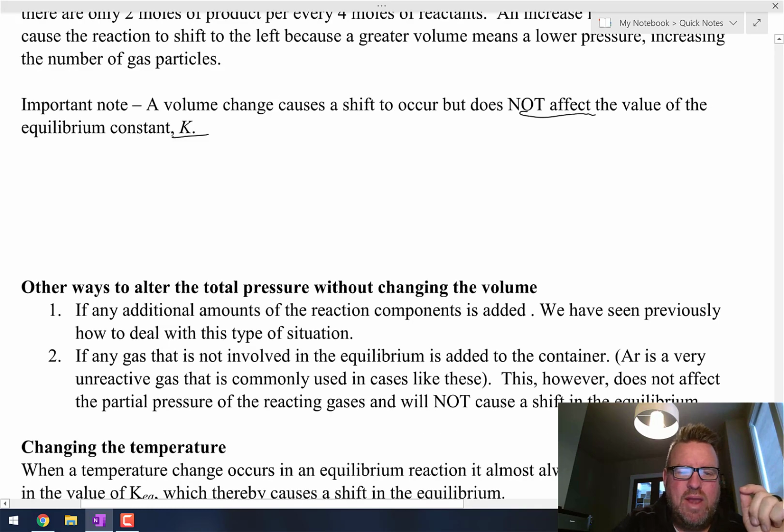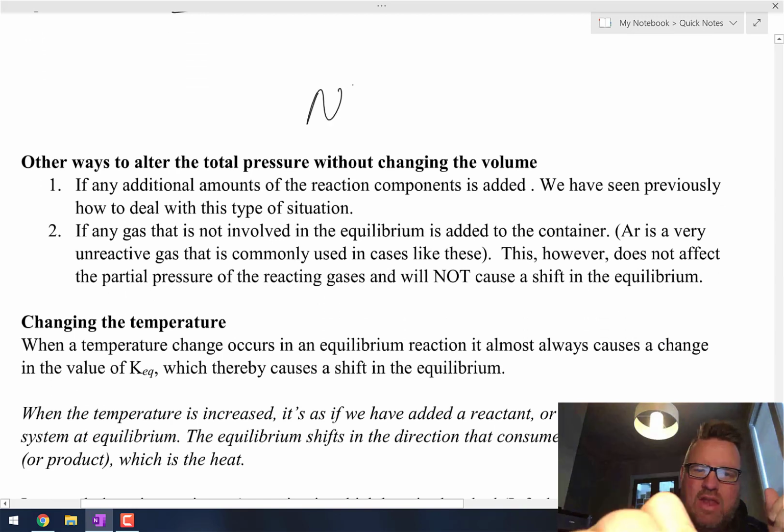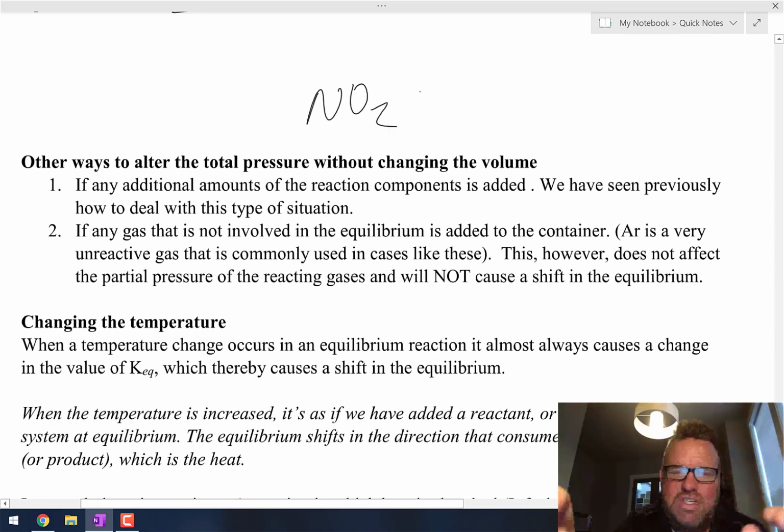Now let's talk about a couple other things. What if you add a gas that's not involved in the reaction? Let's say you add some NO2 to that reaction with N2, H2 and NH3. If you add a gas that is not involved, like argon, of course it makes the pressure go up. But remember what we learned about gases.